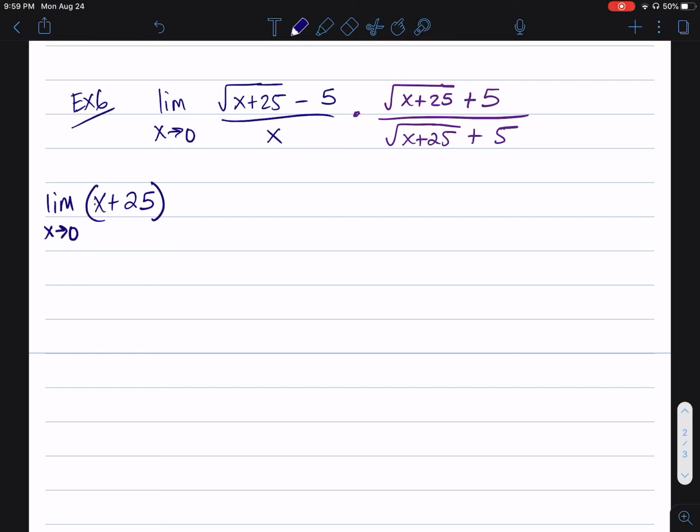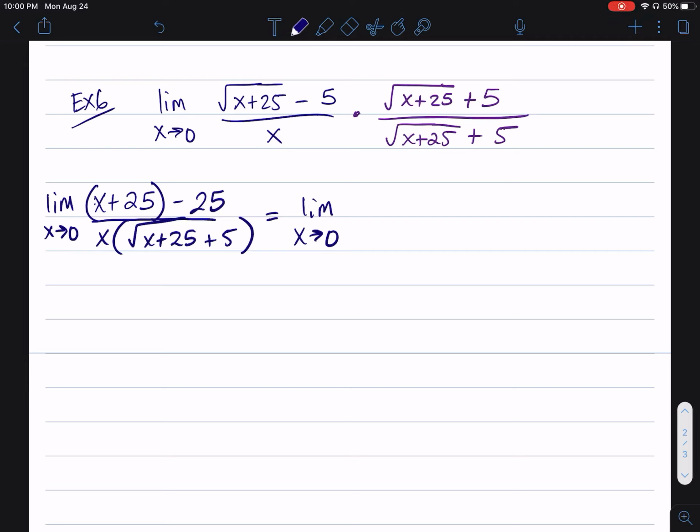And then 5 squared is 25, and they'll be separated by a subtraction. To start with, we'll just not multiply out the bottom, just to see if there's any canceling or anything like that we can do before we do that.